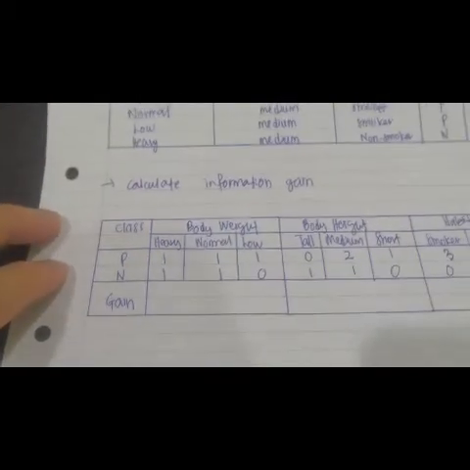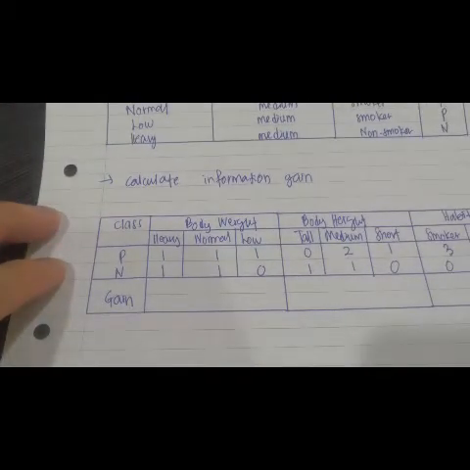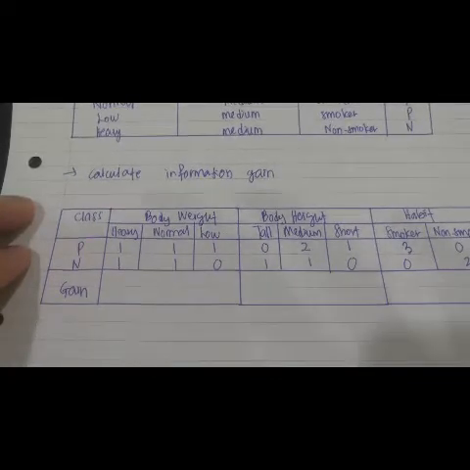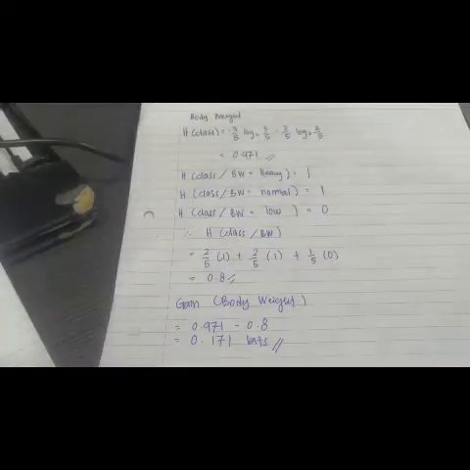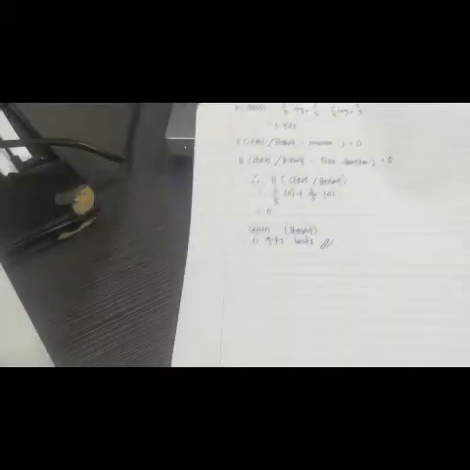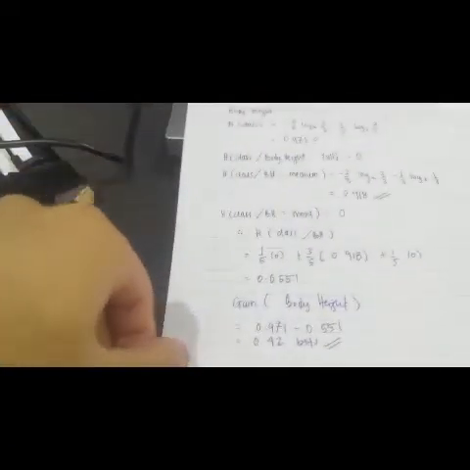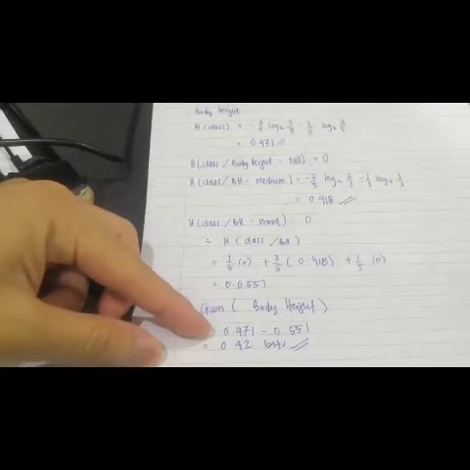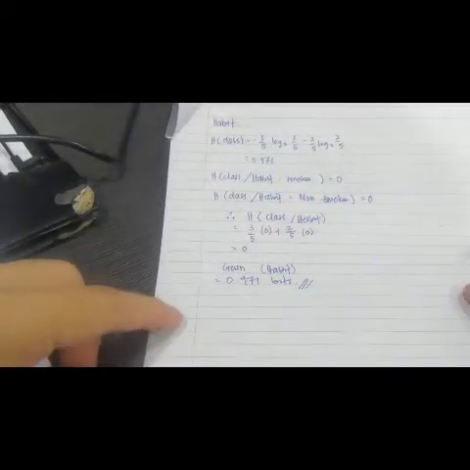From the training set, the process of calculating information gain on the remaining attributes is repeated. By using the same repeated process, we get 0.171 bits for body weight, 0.42 bits for the body height attribute, and lastly 0.971 bits for the attribute habit.